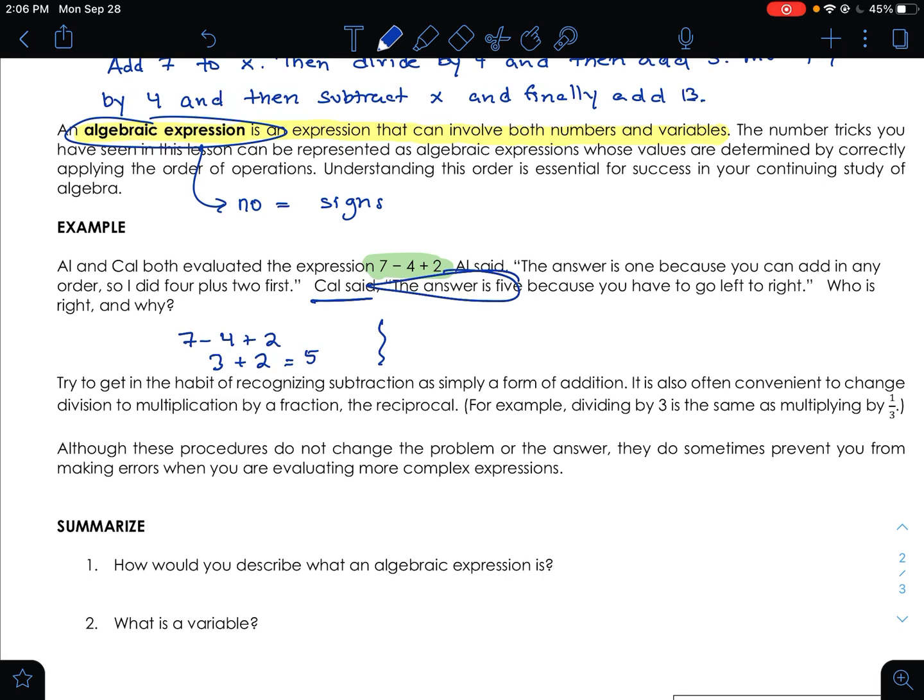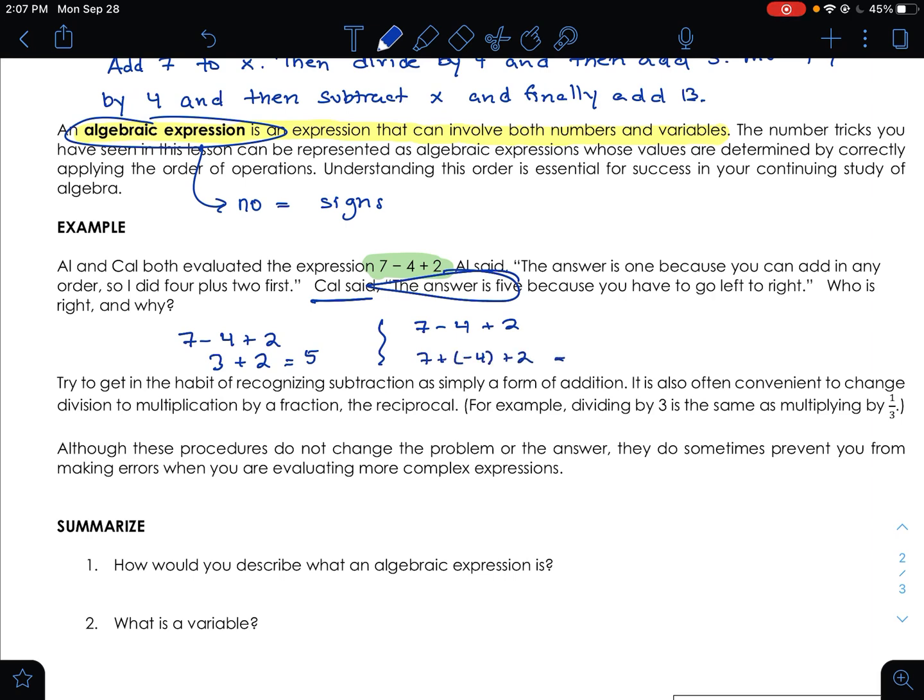However, when Al did his addition, he added 4 plus 2 and got 6. What Al did not remember is that when you are subtracting a number, that's really the same as 7 plus negative 4 plus 2.